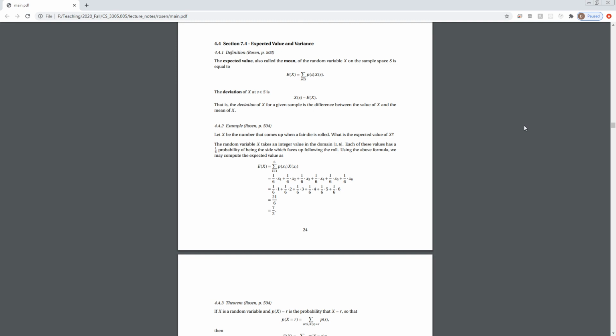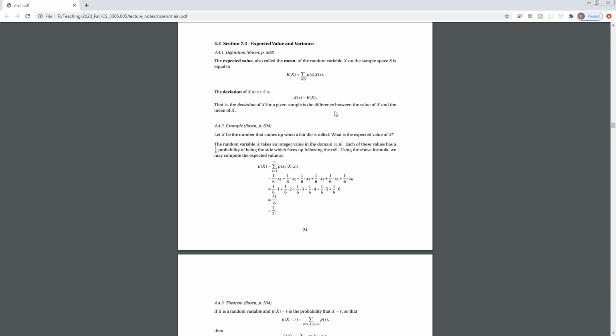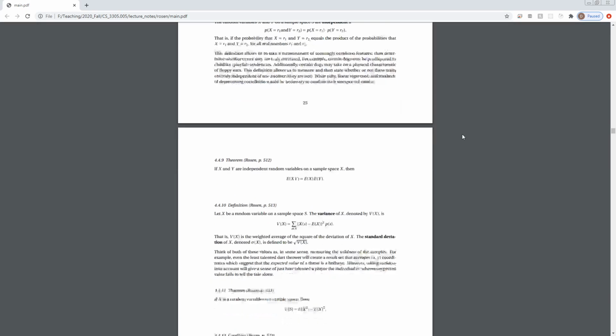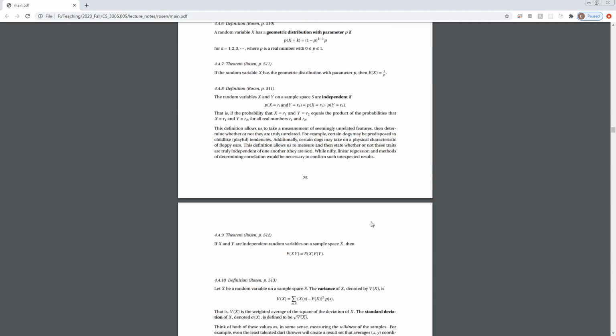But as we all know, bullseyes themselves are incredibly rare, and so the value that tells the true story of how bad we all are at darts is more so the deviation or the variance for these dart throws. Okay, and I believe we come down to those later. Yeah, variance and standard deviation are given a little bit later.